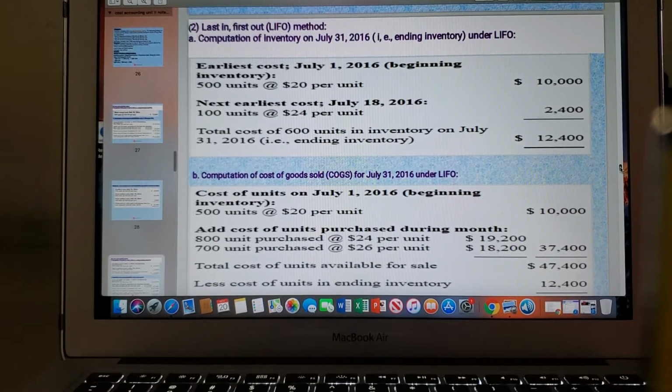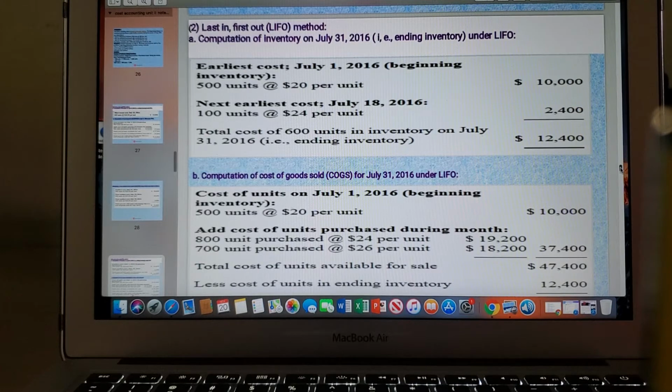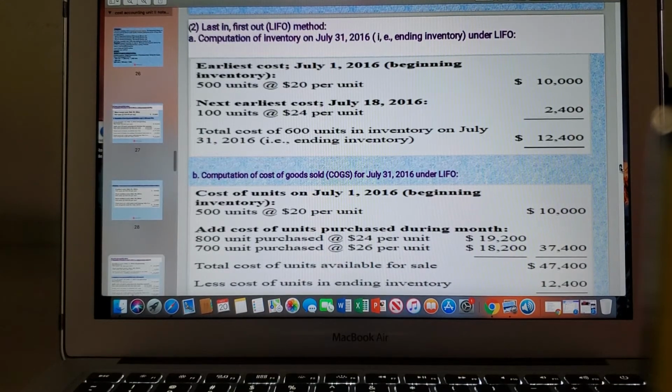Next earliest cost, July 18, 2016, 100 units at $24 per unit comes to $2,400. So the total cost of 600 units in inventory on July 31st, 2016, that is the ending inventory, is $12,400.